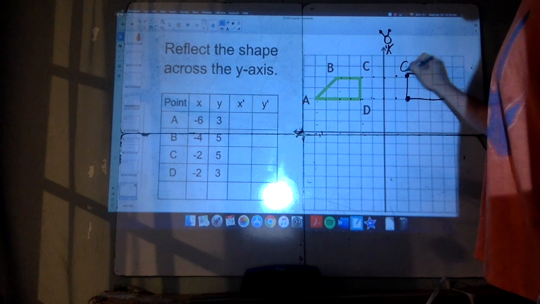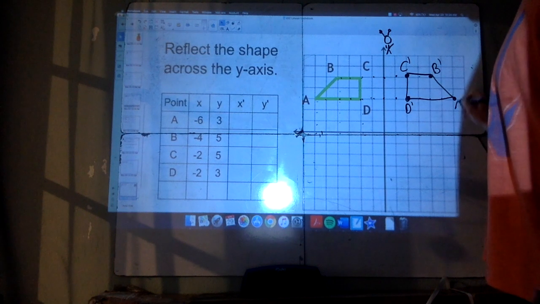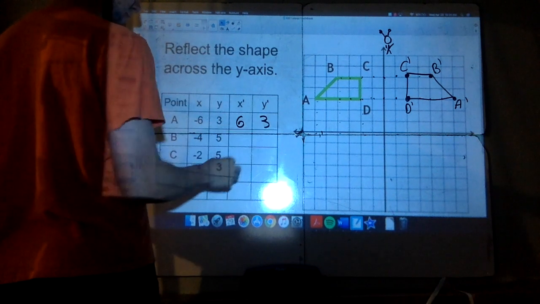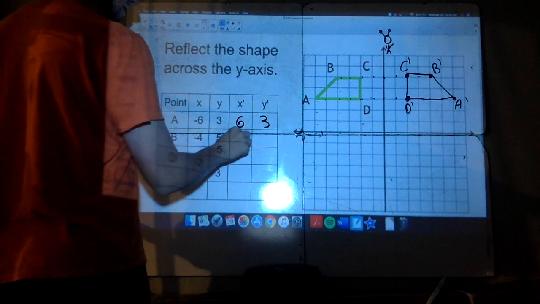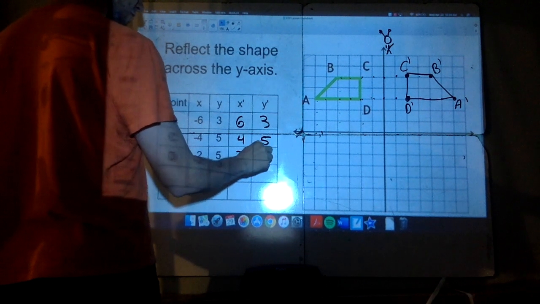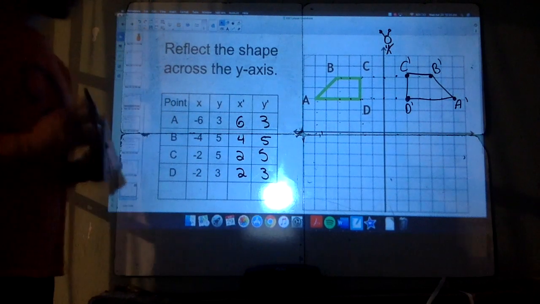There you go. Let's make sure we label it C prime, B prime, D prime, A prime. Our new A is over 6, up 3. Our new B is over 4, up 5. Our new C is over 2, up 5. Our new D is over 2, up 3.